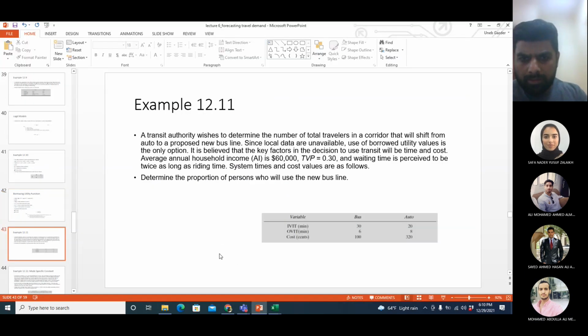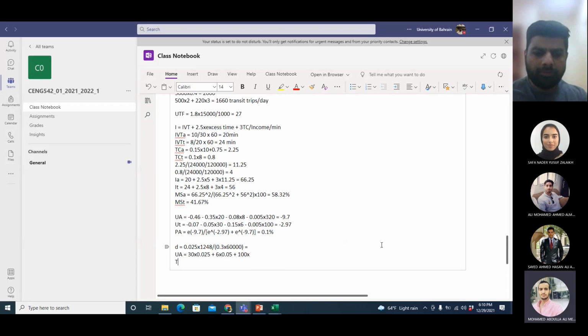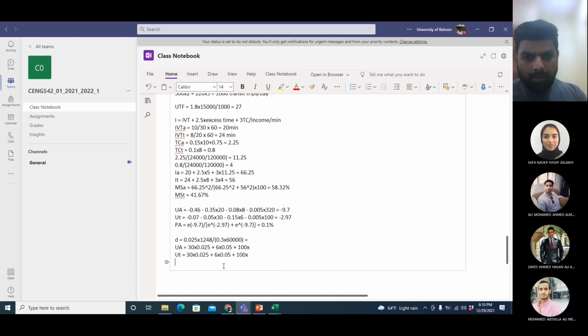And the cost is 100 into which you will give me. And that for transit, the factors will remain the same. So in the case of the borrowed utility function, the factors for auto and transit are the same. Here you saw the factors were different. When you develop the utility equation yourself, the factors can be different.